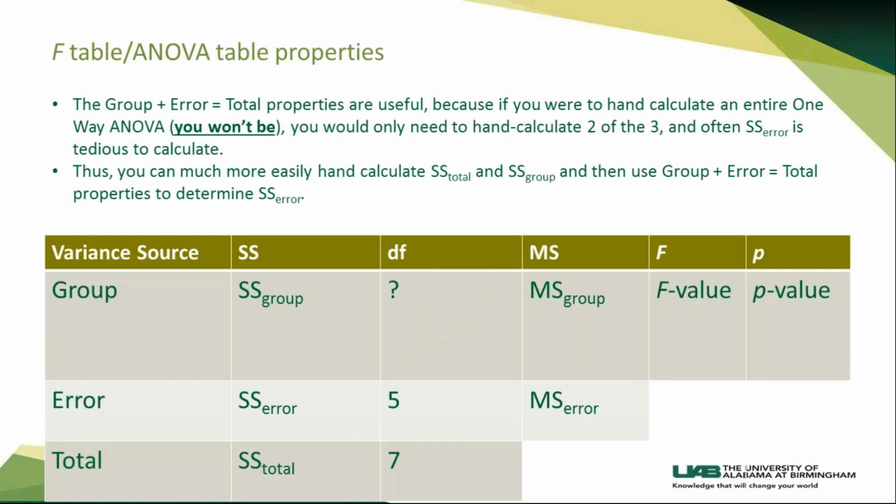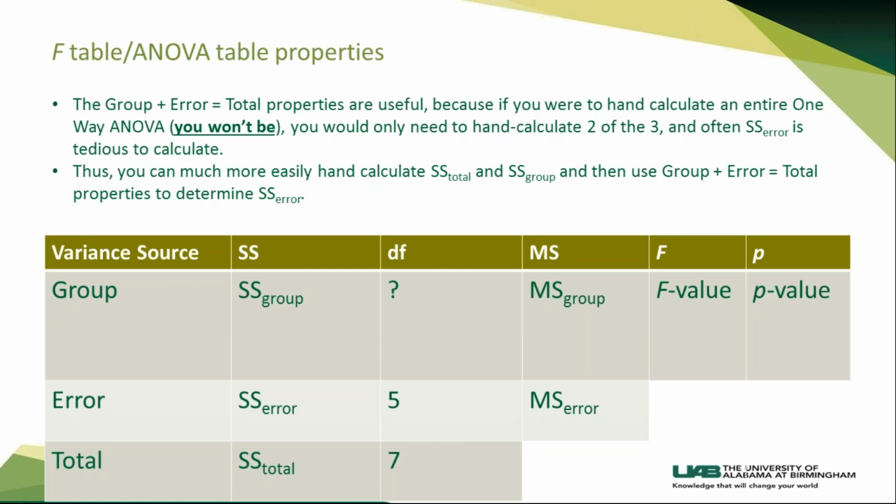It's really useful because if we were to actually have to hand calculate this whole table, if you were just given 3 groups and the values for all 3 groups and you had to calculate it from scratch, which you will not have to do, you would actually only need to calculate 2 out of these 3 things and then use those properties to come up with the third. The reason that is useful is because most of the time when you can avoid it, you don't want to hand calculate any of these error terms.